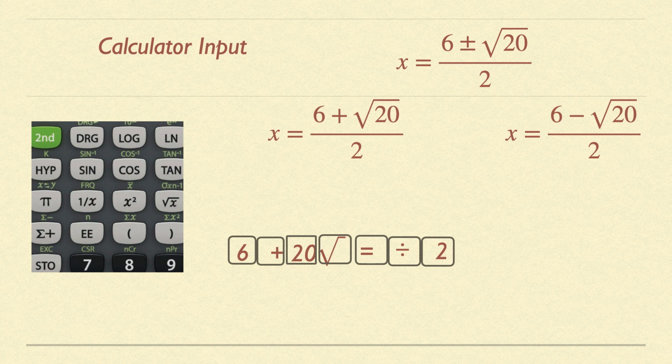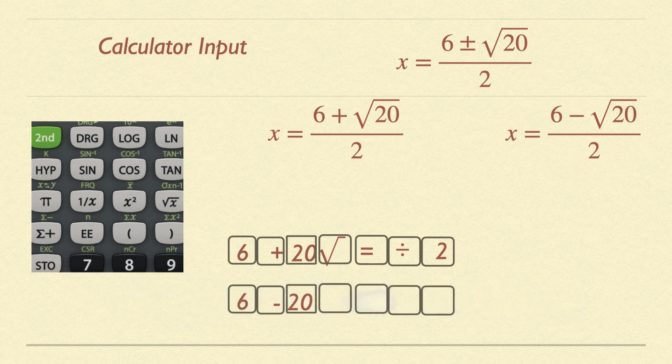Write that down, please. The other one is the same: 6 minus 20 square root equal divided by 2. Take a moment to write those symbols down. I put mine in little square boxes so that I know that it's a keystroke for my calculator.